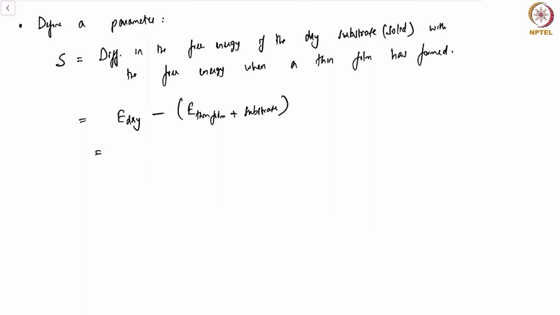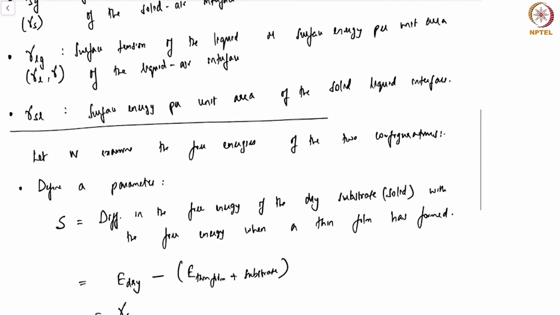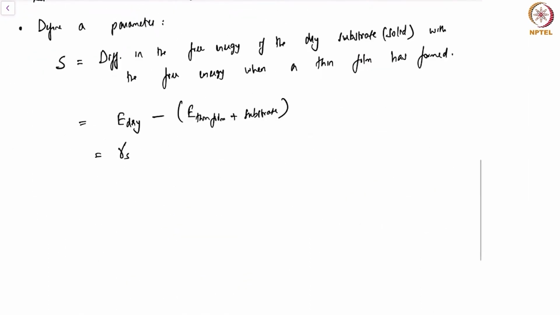And this is nothing but the free energy. If I calculate all these per unit area, then this would be gamma S, that's just the surface energy of the solid gas surface, gamma Sg, let's call it gamma Sg for now, minus the thin film. Basically you're creating a surface between the liquid and the gas, that is gamma Lg, liquid gas, plus we have gamma solid liquid, right?